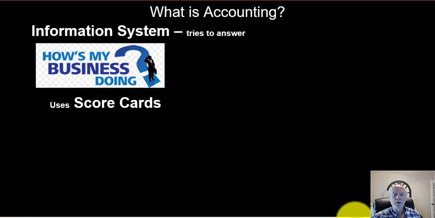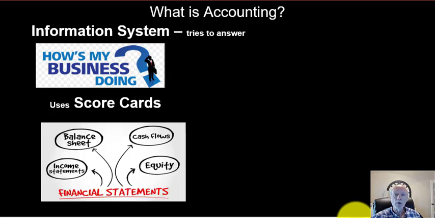And we're going to use scorecards to answer this question. So the scorecards we're going to learn about are as follows. They're called financial statements, but I'm going to call them scorecards. Income statements, balance sheets, cash flow statements, and statements of equity. All four of those things, if you understand how to read those, that'll answer the question, how's my business doing?